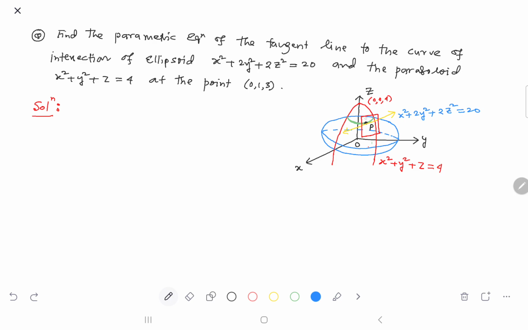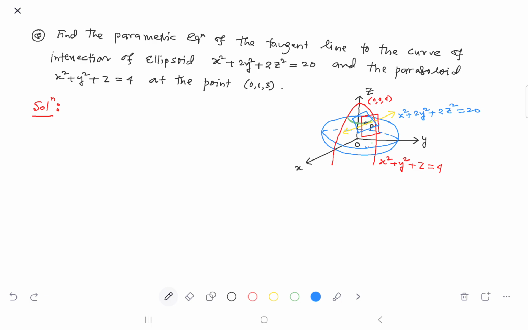Similarly, if you consider the tangent plane of the ellipsoid at the point P, then the yellow line also lies on that tangent plane. It is clear.